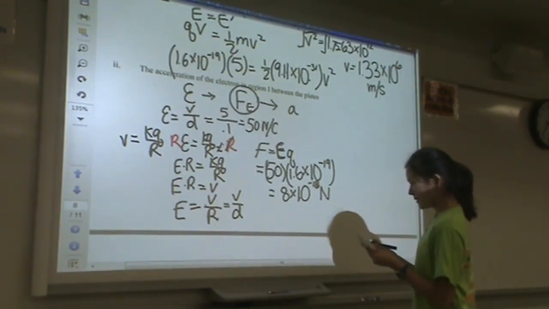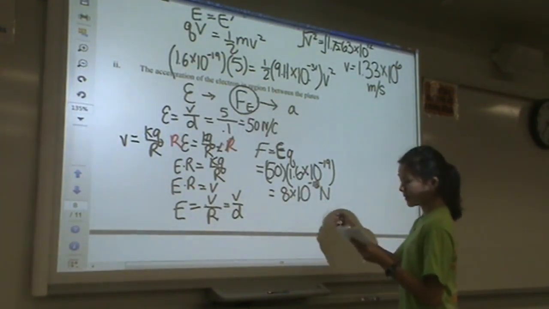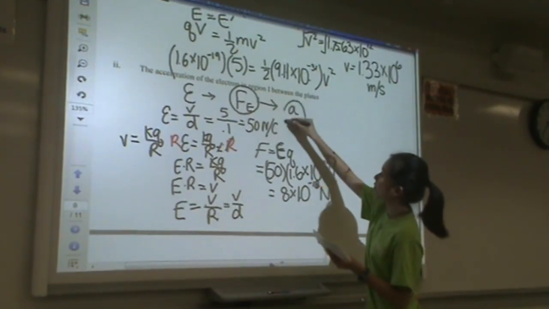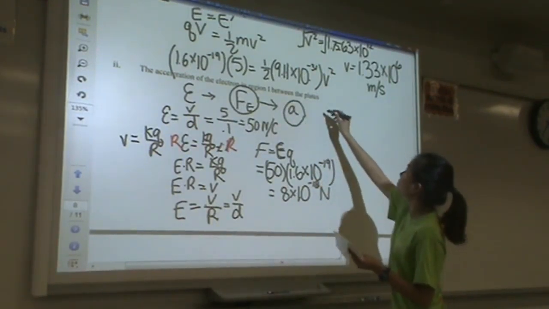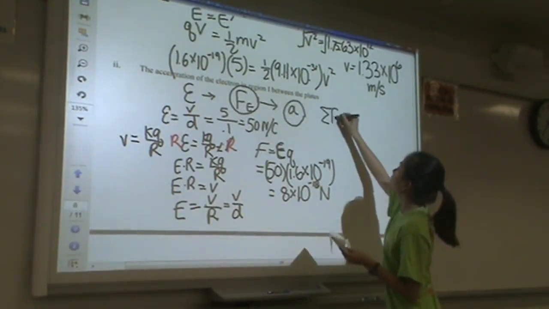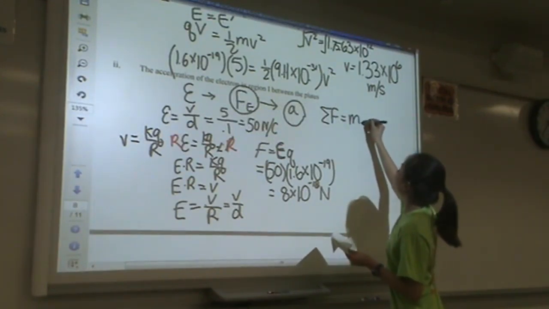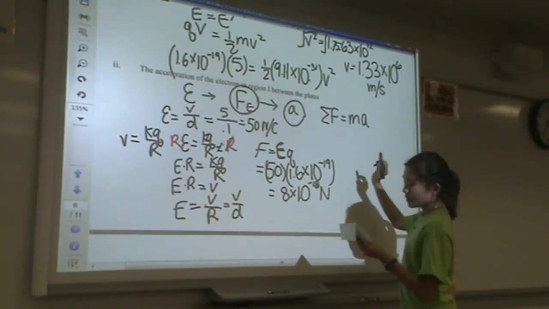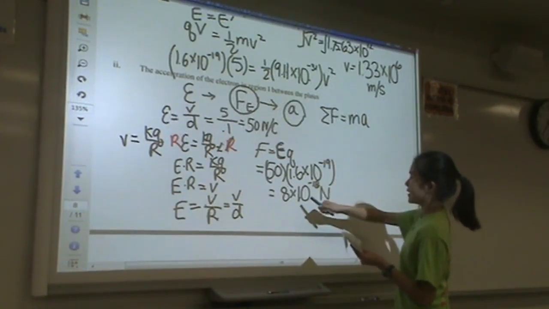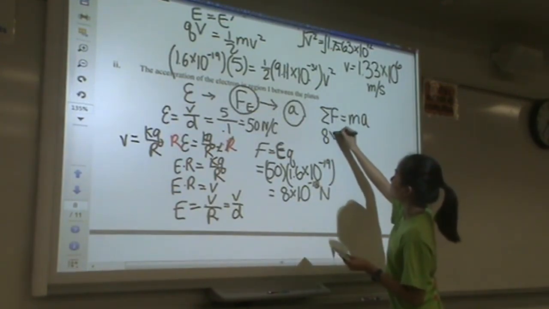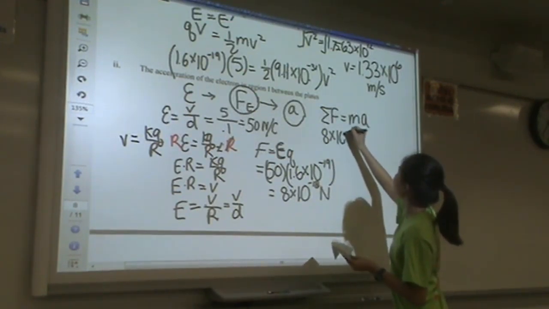Okay, and then now that we found that force, we can use that to find acceleration, which we get from sigma F equals ma. So your force in this is 8 times 10 to the negative 18th.